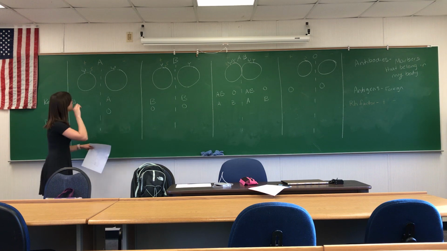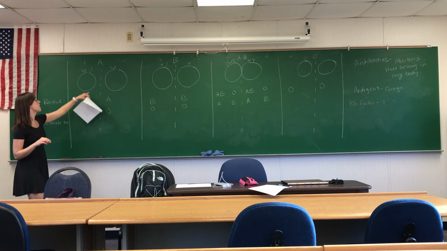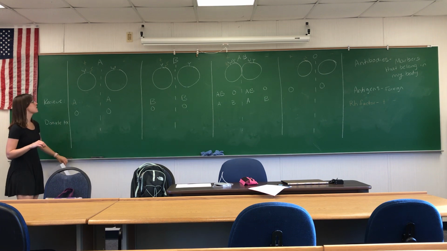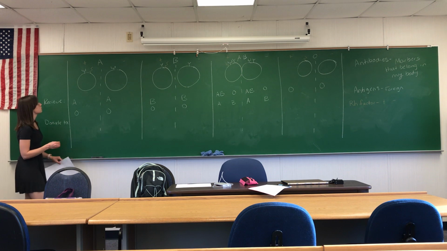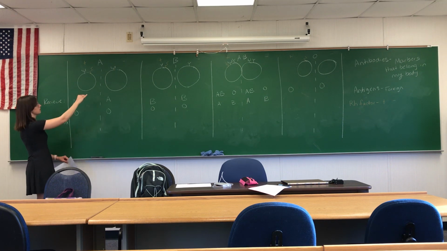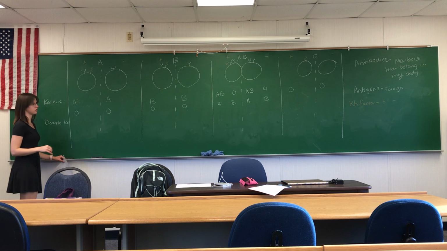So knowing that, we've got A positive blood now. So who can A positive receive from? It can receive from itself, and it can also receive from A negative, because again, it's A blood, and it doesn't matter if it has the Rh factor.